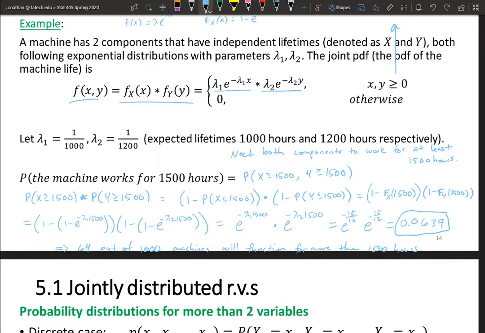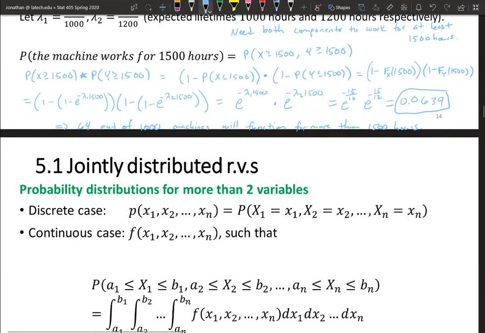So it's most likely going to function for less than 1500 hours, right? So 6.4% of the time, well, that means 93.6% of the time your machine's going to function for fewer than 1500 hours. Coolio.